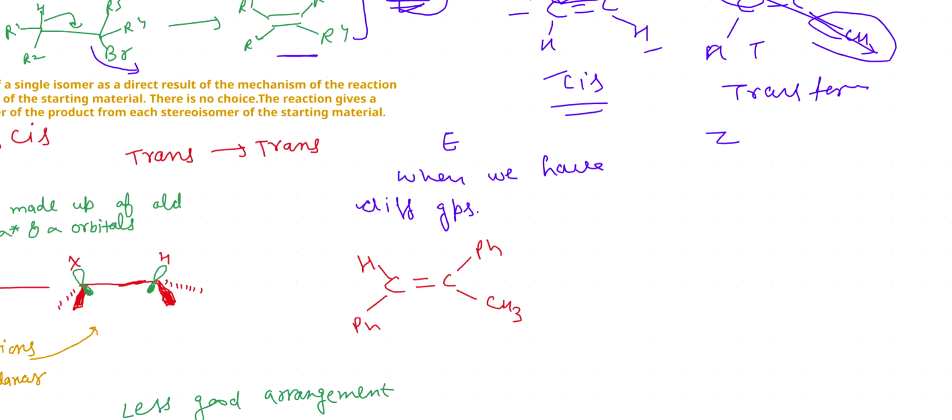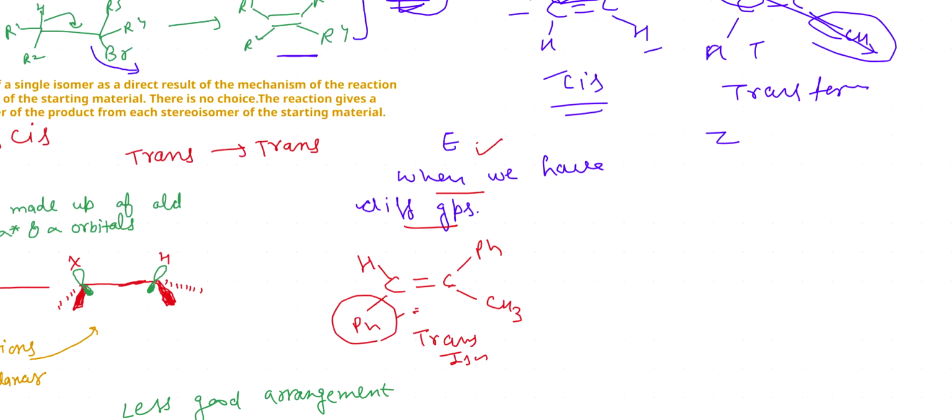this isomer is also known as the trans isomer because in this, both the phenyl groups are opposite to each other. Clear? Okay. So we designate E configuration in those cases in which more than three different groups are present, but in this case, two of them are similar.